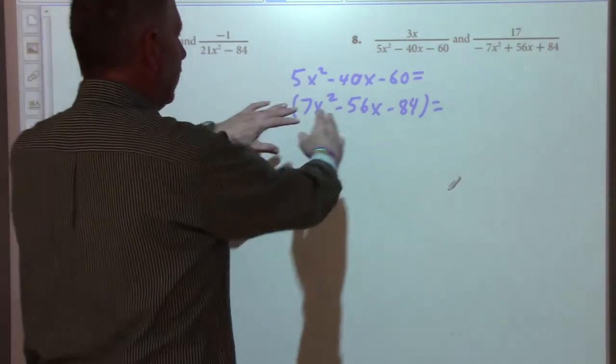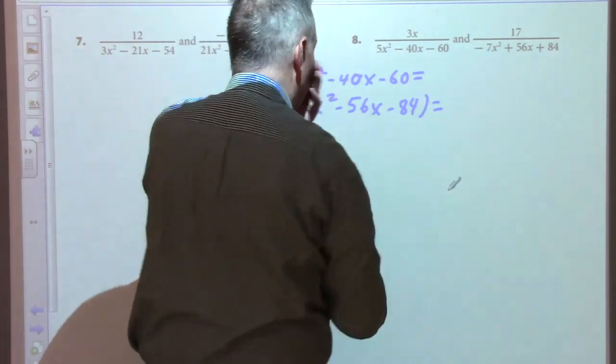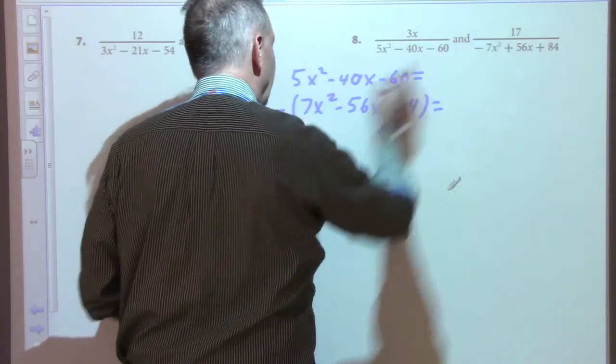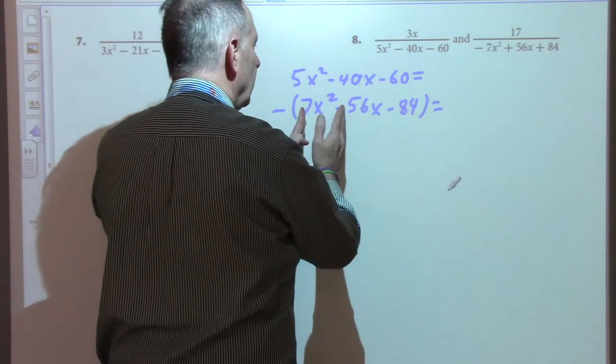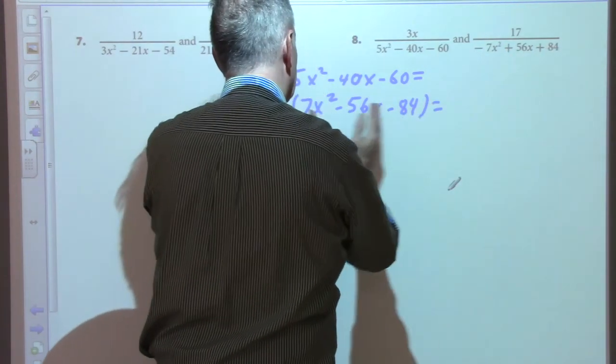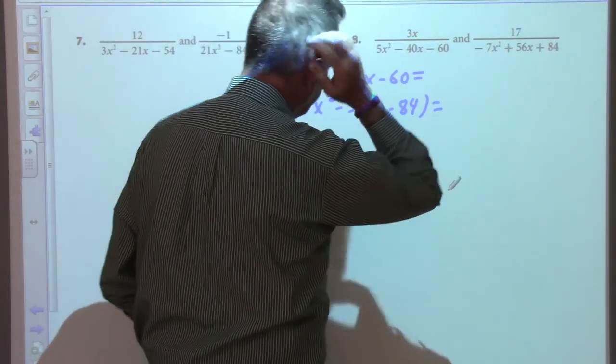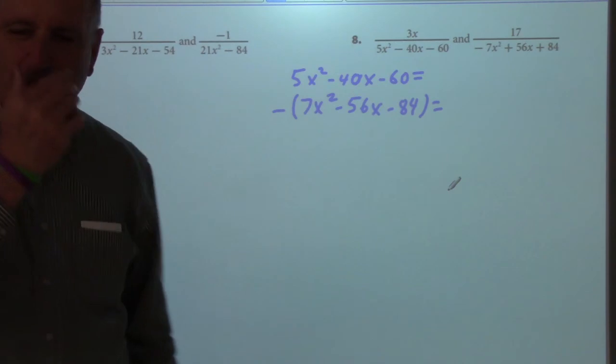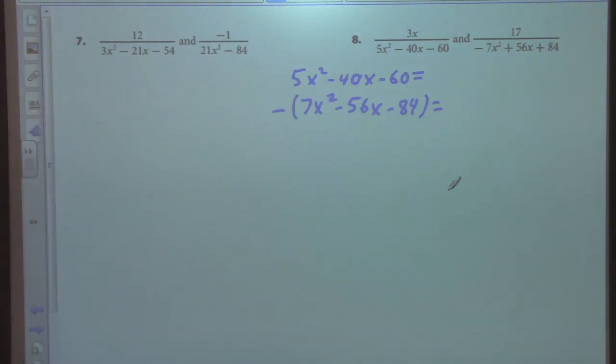And it's going to be easier to factor if we get rid of that negative sign. But if we make 7x squared positive, we're going to have to make this negative and this negative to have an equivalent expression. No, I'm not subtracting. I'm just listing two separate denominators here.